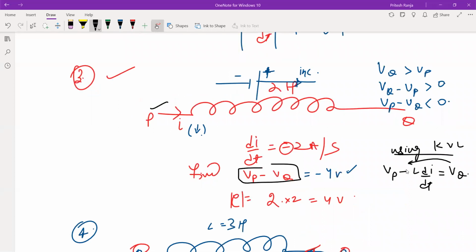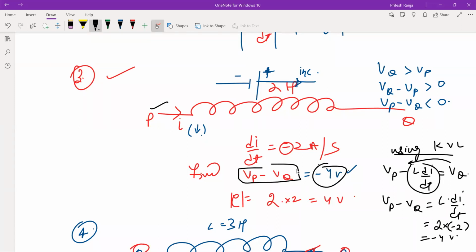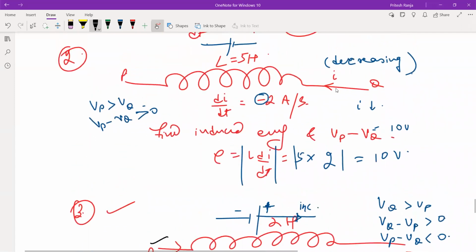So I'll take it to this side. Vp minus Vq. So this term will go to the right side, so it becomes plus L di by dt, and L is 2, di by dt is, observe, minus 2, so this becomes minus 4 volt, and look, we got the same answer.